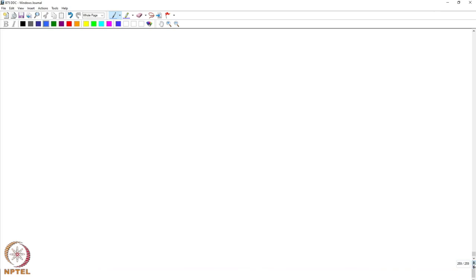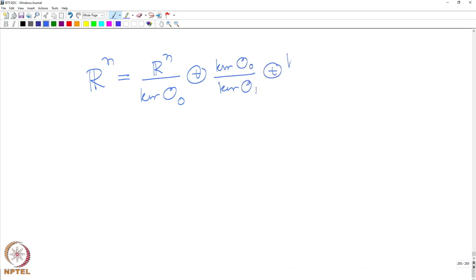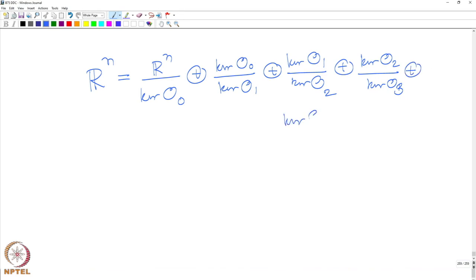So, no wonder that I can write R^n as R^n quotiented by the kernel of O_0, direct sum the kernel of O_0 quotiented by the kernel of O_1, direct sum the kernel of O_1 by the kernel of O_2, direct sum the kernel of O_2 by the kernel of O_3, and so on, and this continues forever.